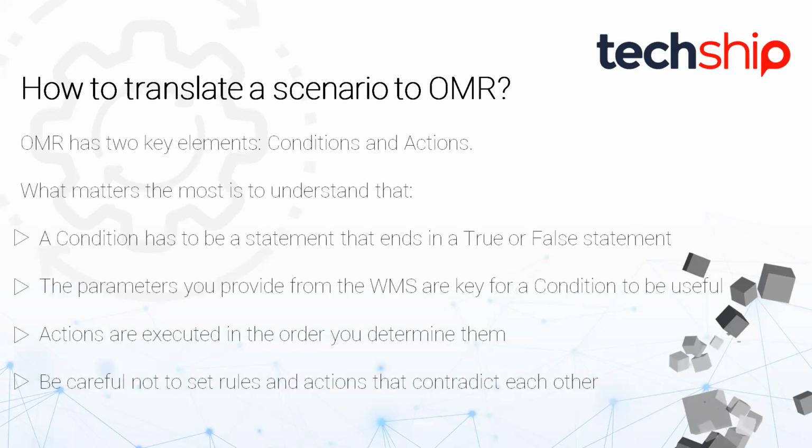So once you have understood how it works and how you define these, the challenge again comes into how to translate your real life scenario to the rules within the system, right? How do you tell the system how you want to fix your scenario? From a conceptual standpoint, OMR has two key elements.